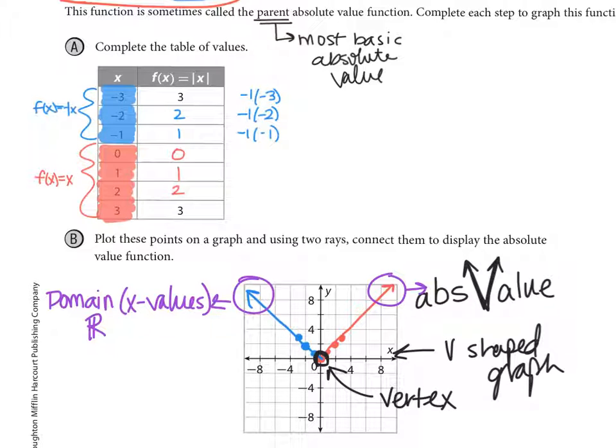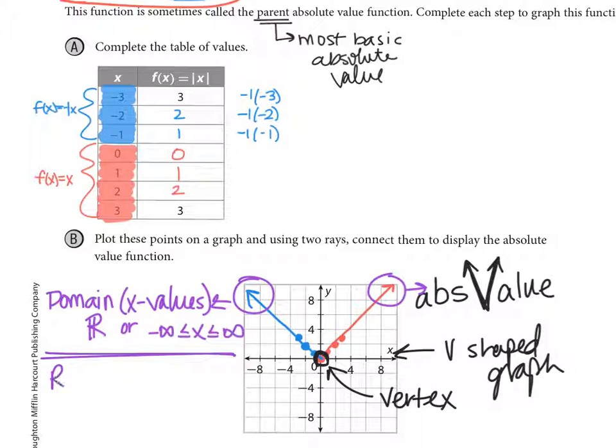We can use the capital R, that means all real numbers, or we could say negative infinity to positive infinity. That's another way to write that. Actually, we'll make that one more better. Let's do negative infinity to positive infinity. This is that same inequality notation that we used yesterday when we were writing our piecewise functions. All right, so there's our domain.